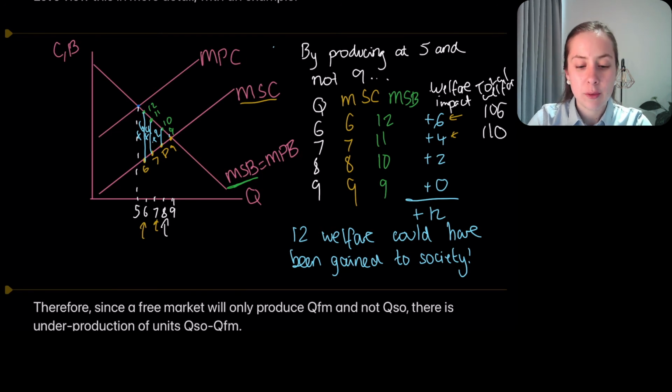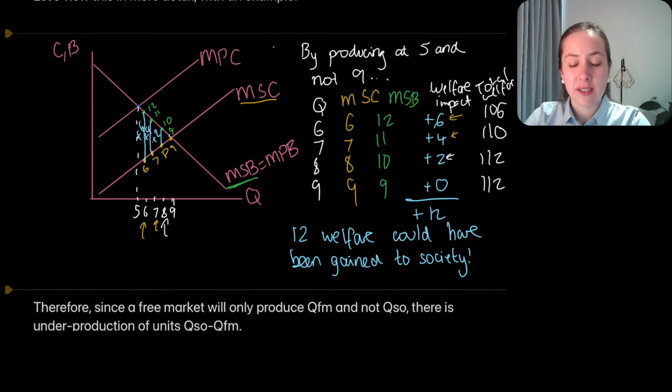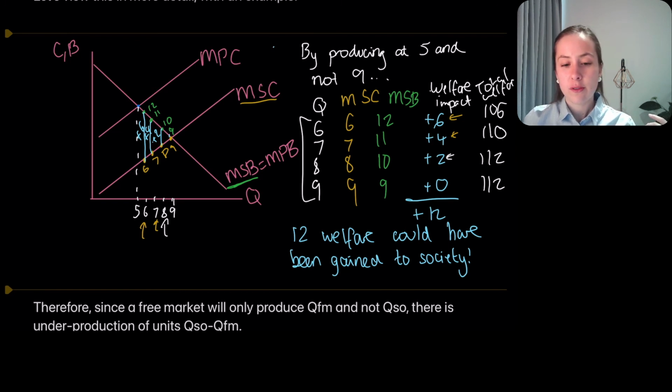Take a look at the 8th one. It has a cost of 8 and a benefit of 10, which would add on 2, so you would get 112 total welfare. And that 9th unit just has the costs equaling the benefits, meaning that the welfare would be maximized. So therefore, by avoiding making these 6, 7, 8, 9 units, society is actually worse off.